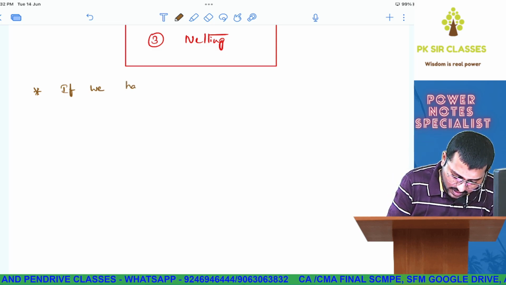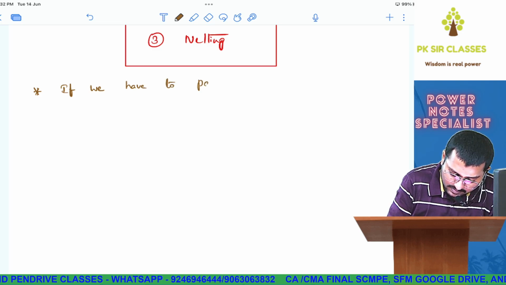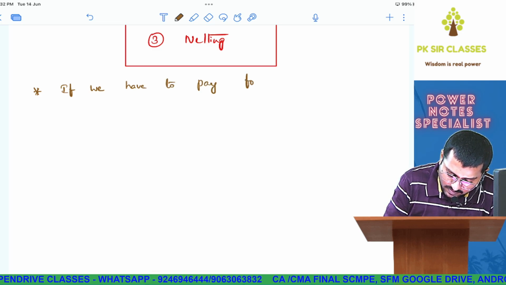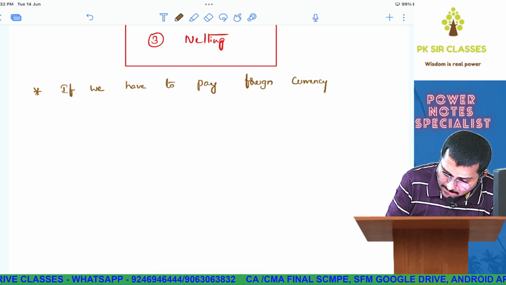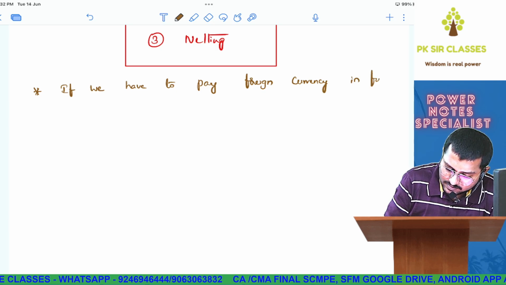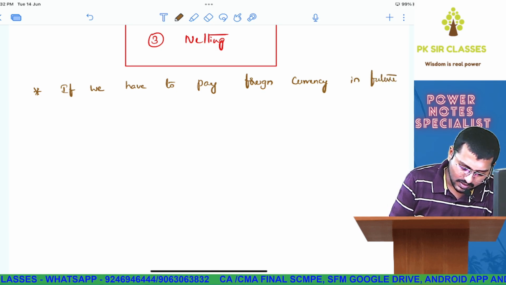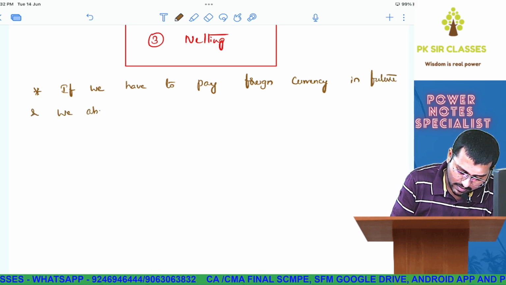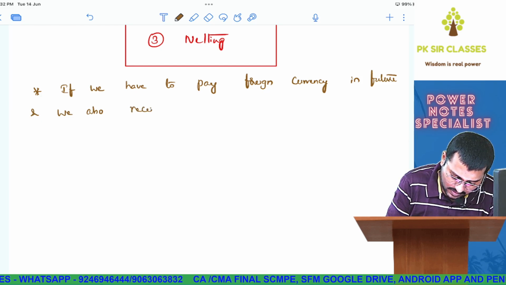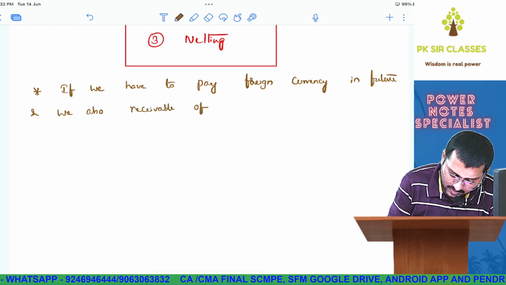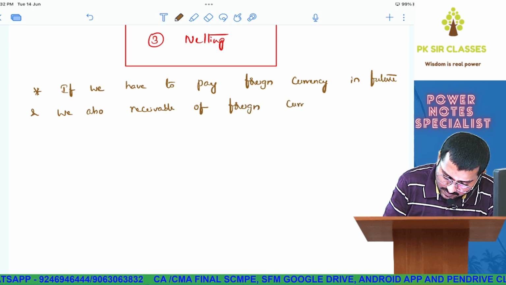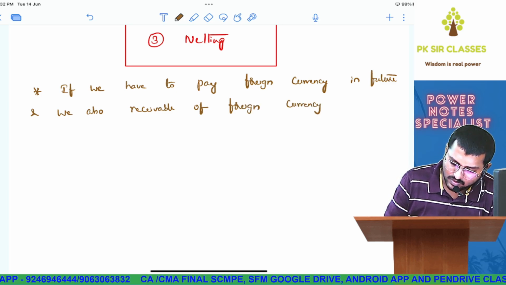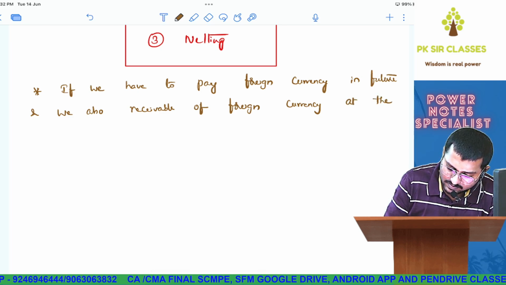If we pay foreign currency, we also have receivable foreign currency at the same time.